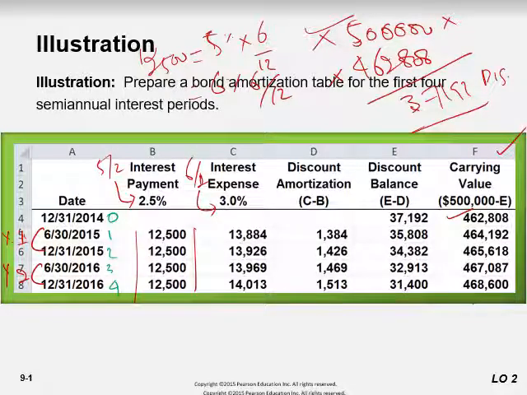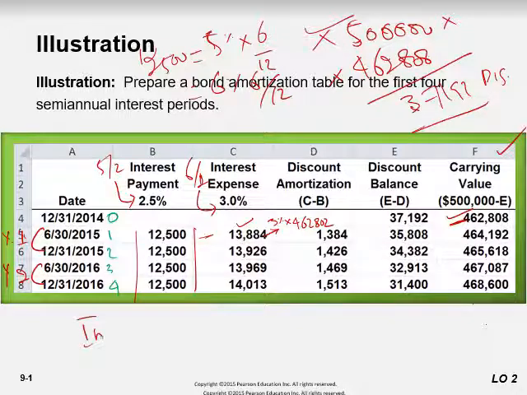So 3% multiplied by this amount. This amount came from 3% multiplied by 462,808, right? The answer is 13,884.